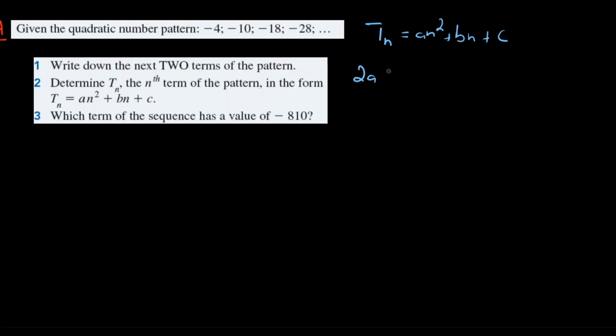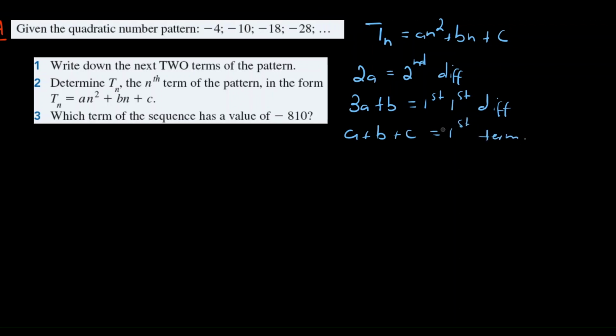First formula is that 2a is equal to the second difference, and that 3a plus b is equal to the first difference, or the first term of the first difference, and a plus b plus c is equal to the first term. This is really more the background of it, and I'll show you how to find your first difference, your second difference, and how to work around that.